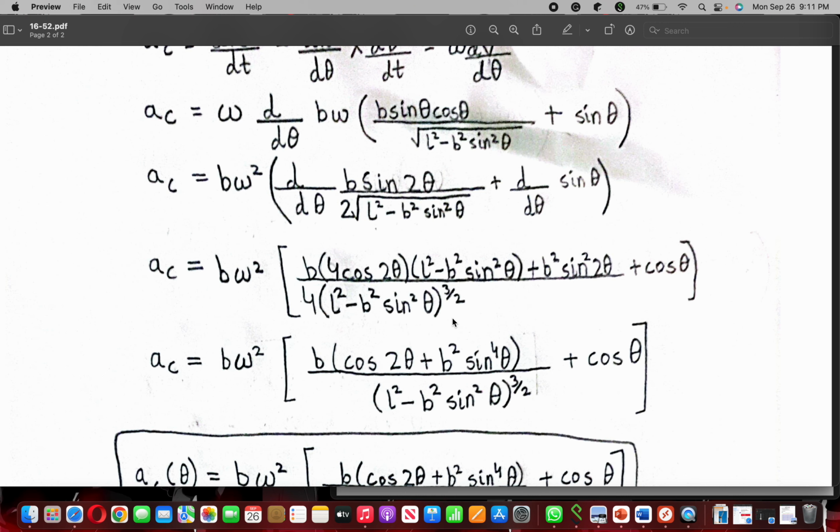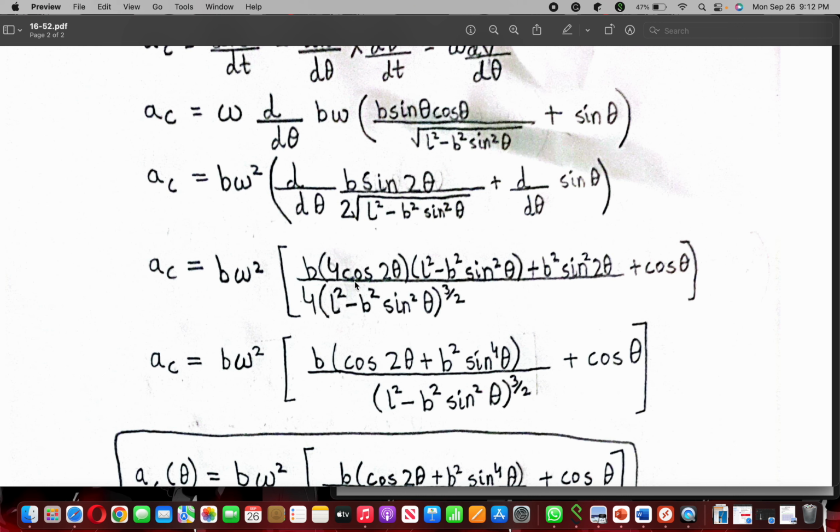As you can see at the bottom, it says L square minus b square sin square theta, and its power is 3/2. It's because when we differentiate it in the form of an under root in the numerator, there's a square root which is dividing with all the terms. When it comes down to the denominator, it reduces the power to 3/2.